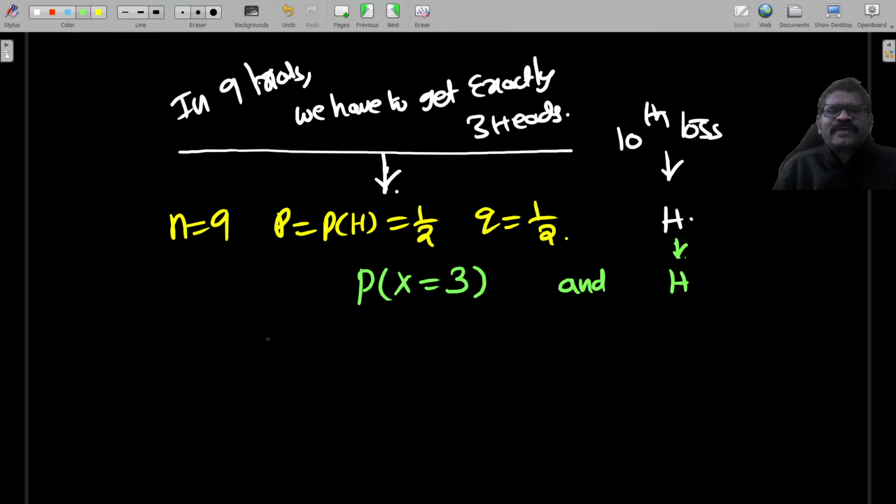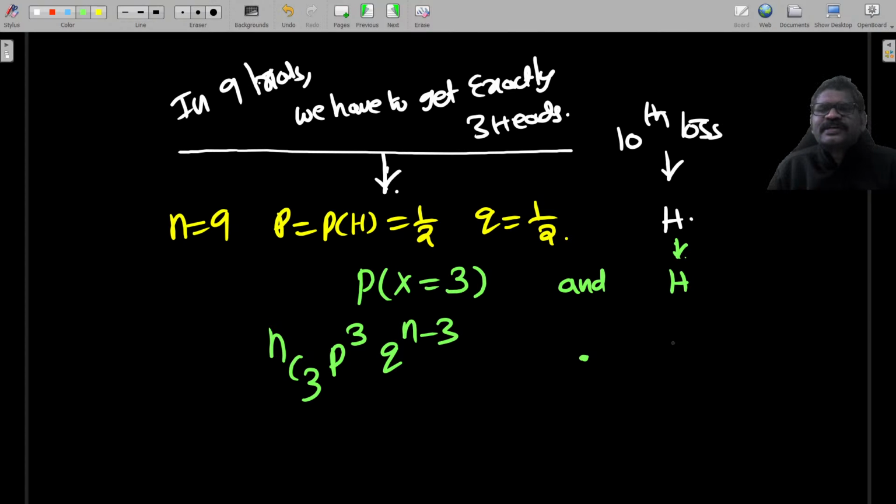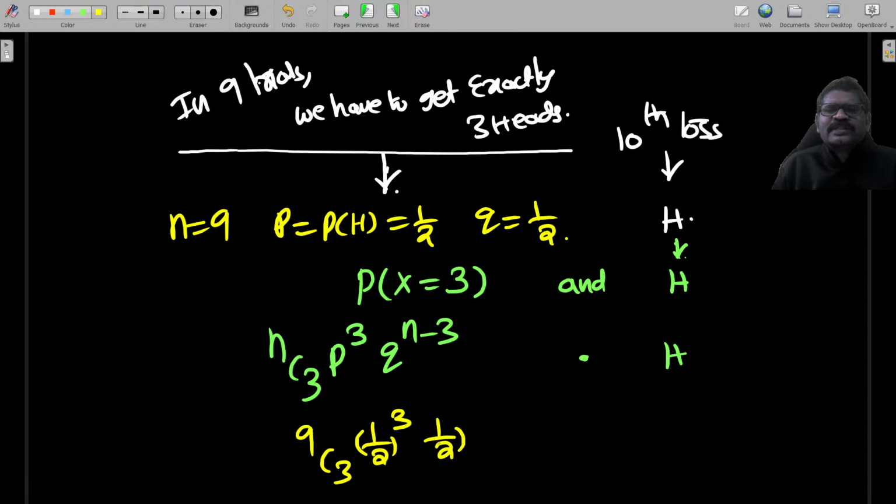Now probability of x equal to 3 is nC3 p power 3 q power n minus 3, and multiplication with head. Now n is 9. 9C3 (1 by 2) whole power 3 (1 by 2) whole power 9 minus 3, that is 6, into 1 by 2.